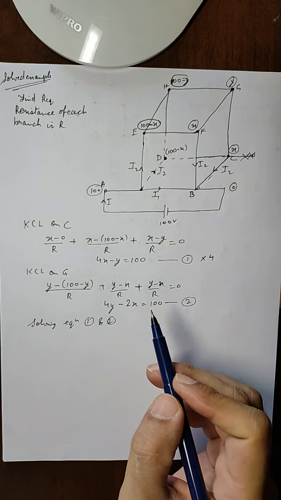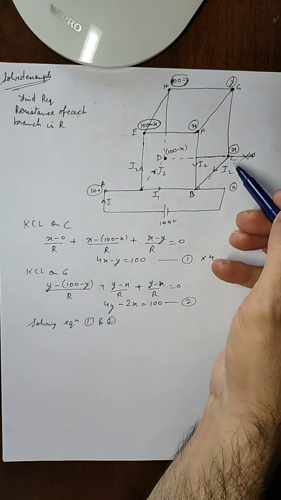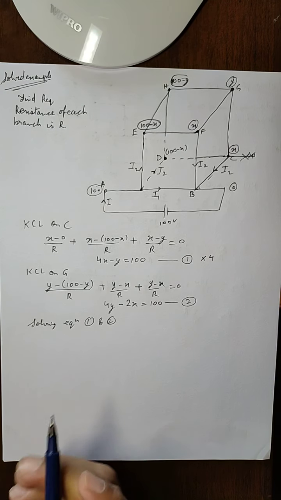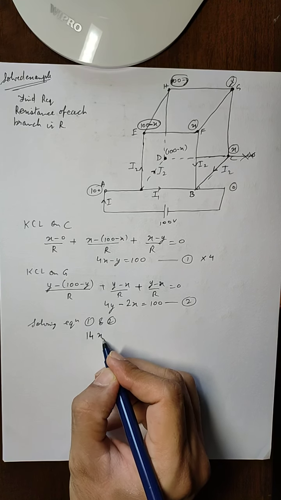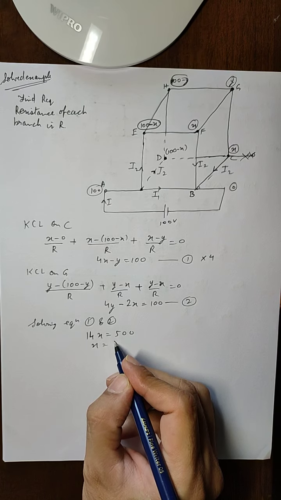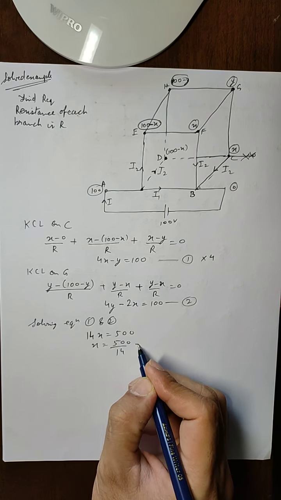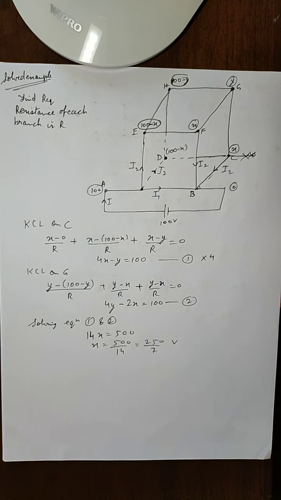And if we add this to the second equation, then the y will get cancelled because we do not need y, we need x. So we are eliminating y. So the equation that we will get will be 14x equal to 500, or x equals 500 by 14. So this will be equal to 250 by 7 volts.